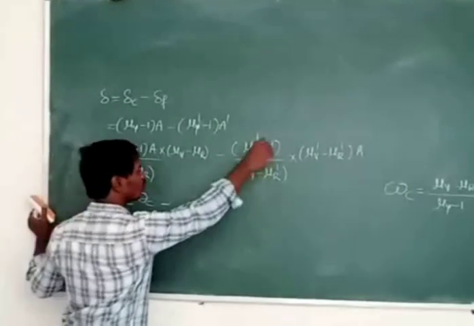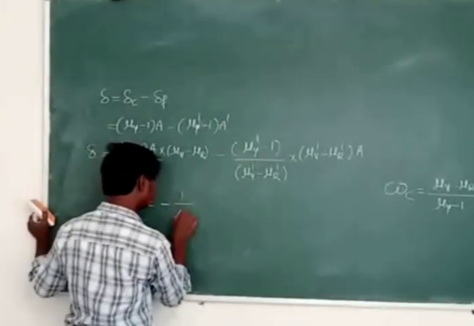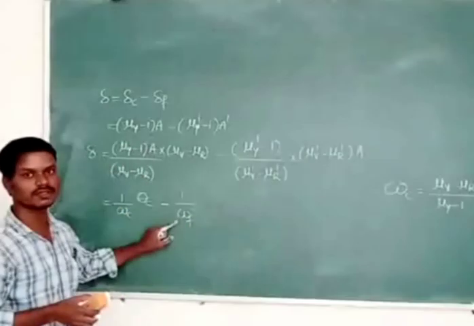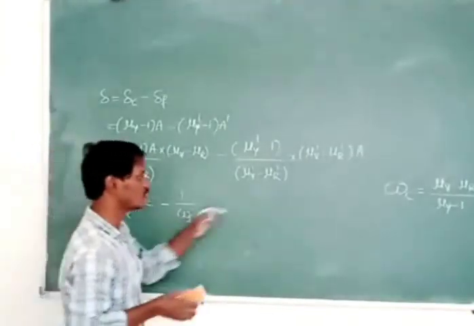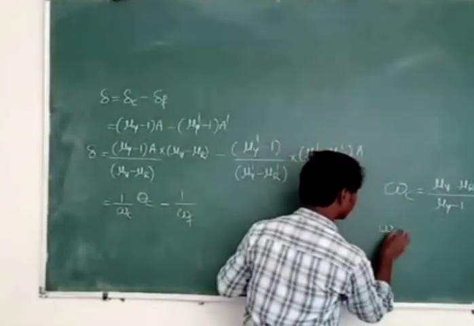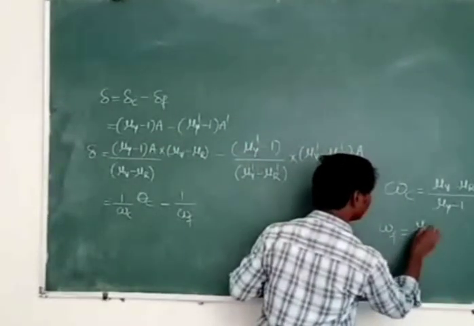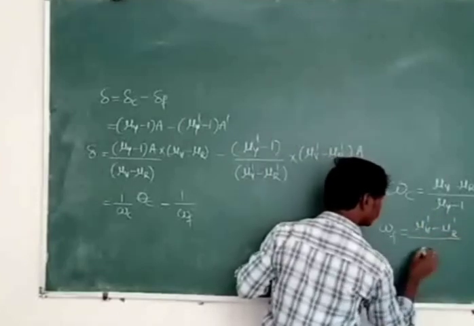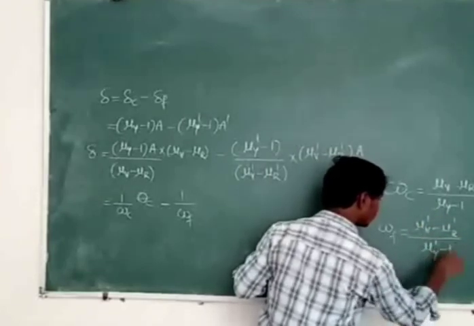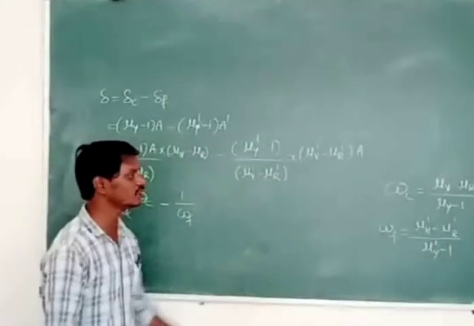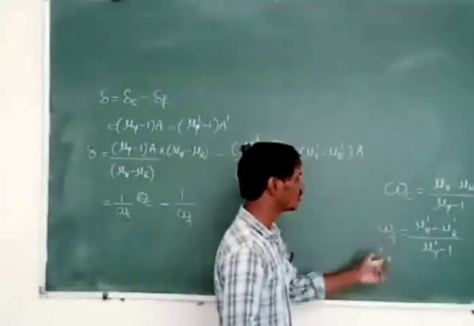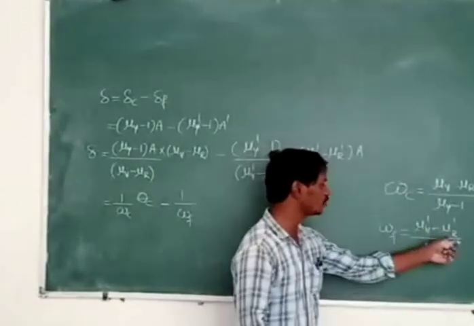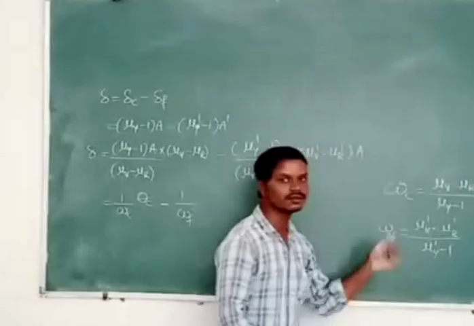Minus, so what about this one? That is 1 by omega_F. What is omega_F here? It is the dispersive power of the prism of flint glass. Same here, omega_F is equal to (mu_B' − mu_R') divided by (mu_Y' − 1). Interchange the denominators and numerators and you will get (mu_Y' − 1) divided by (mu_B' − mu_R') is equal to 1 by omega_F.